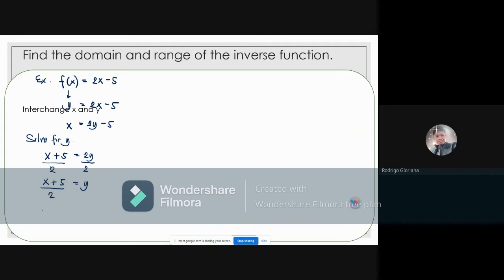This is now your inverse, written in this manner: f inverse of x is x plus 5 all over 2. At this point, we are looking for the domain and range of the inverse function.